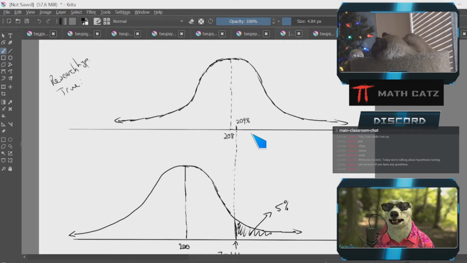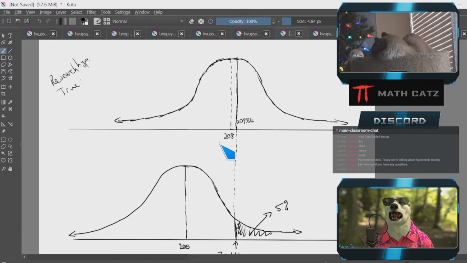Then I am going to reject the null hypothesis in favor of the research hypothesis whenever I get a score beyond this 209.84, with my predicted new population at 208. So let's make a line over here. Let me clarify that. The predicted mean here is as if I did a preliminary study.